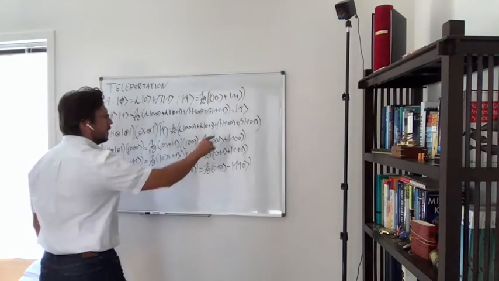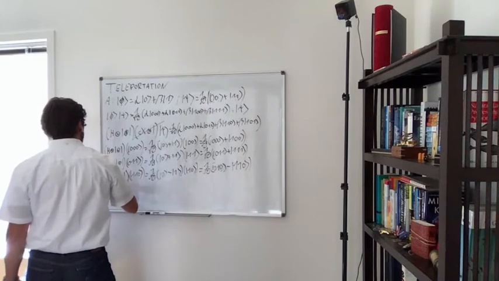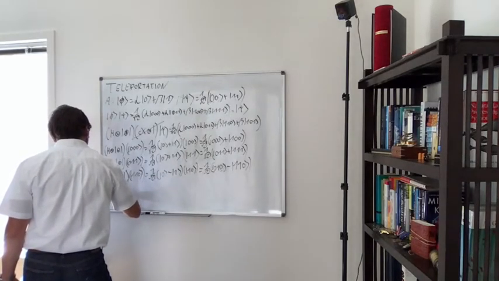And then let's do it with the last one too. 1, 0, 1. Again, we have our transformation here.